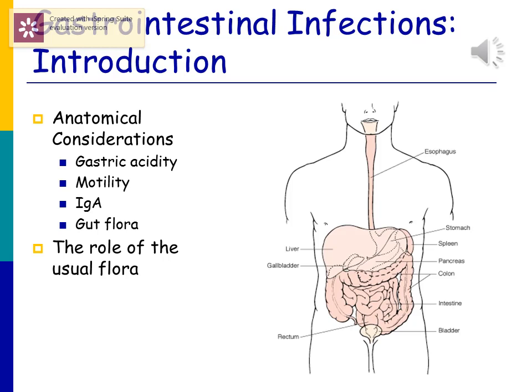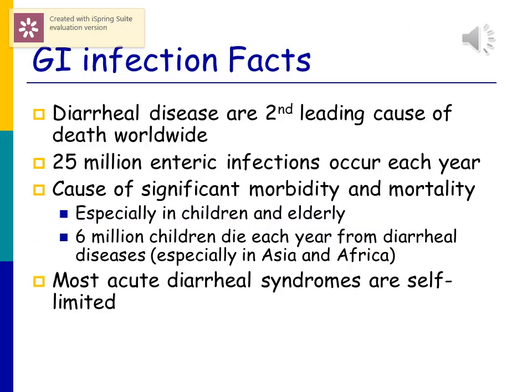You have secretory IgA, and you also have your normal flora of the gut, or your commensal organisms that reside in the gastrointestinal tract. You also have to consider the role of the commensal flora. You need those normal flora in your GI tract in order to remain healthy.